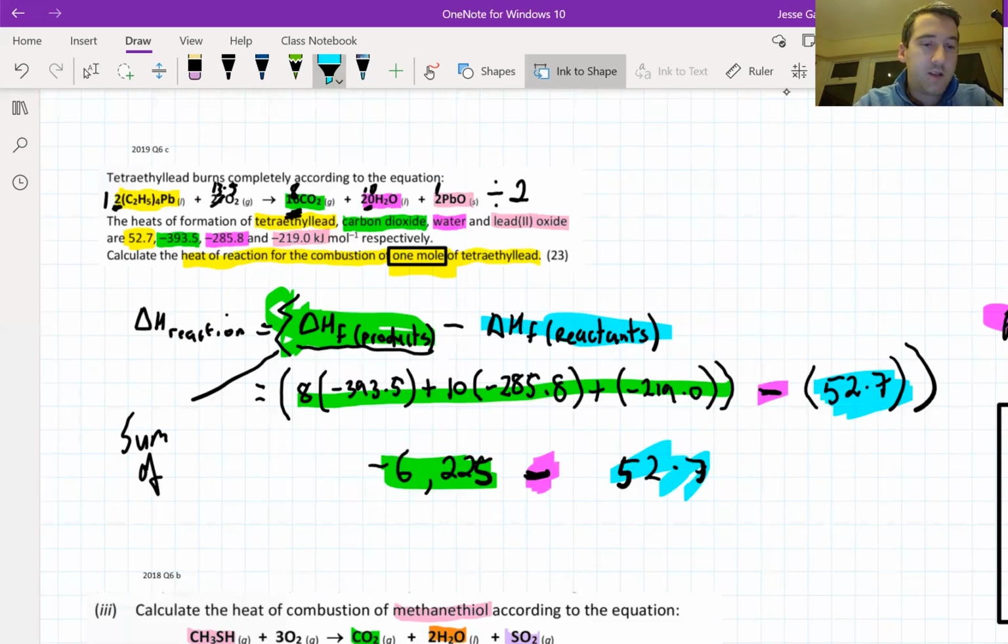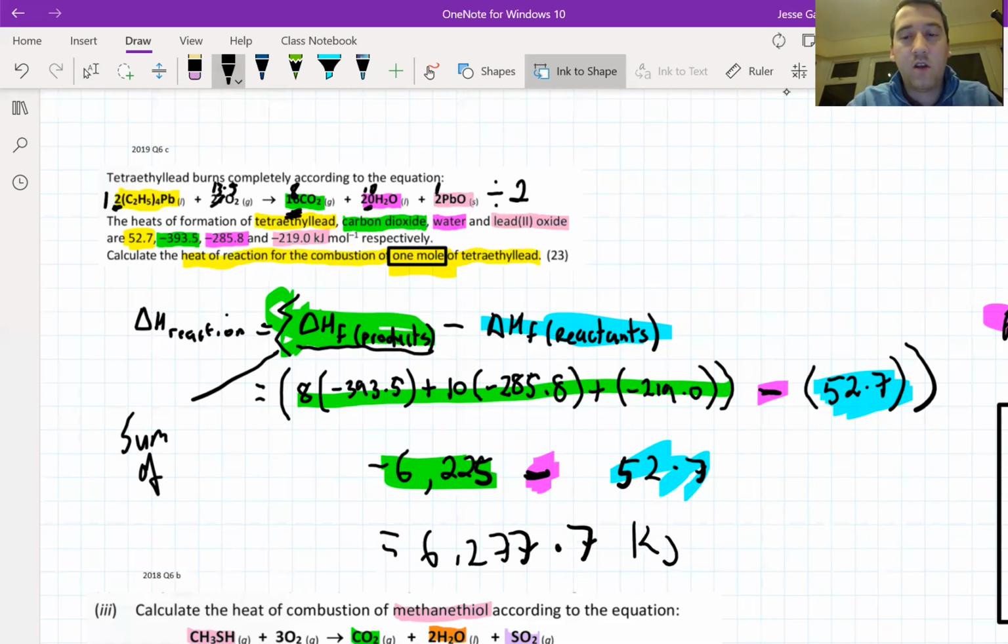So when I do that, take away 52.7, that gives me equals minus 6,277.7, and the units are kilojoules per mole.